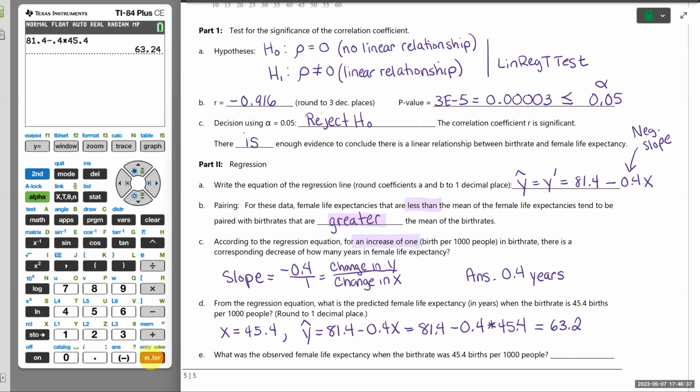And then it says, what was the observed female life expectancy when the birth rate was 45.4 births per 1,000 people? All right, so predict means use your regression line. So that value for y hat is what we predict.